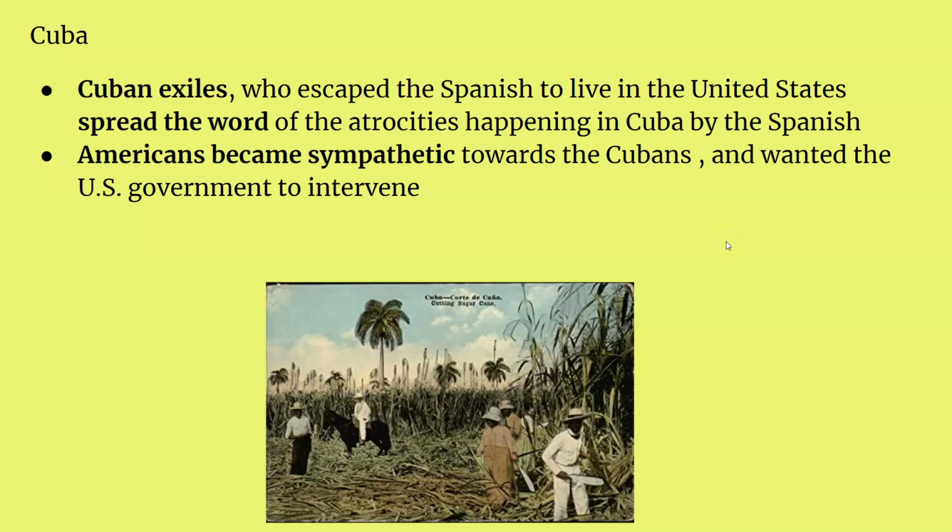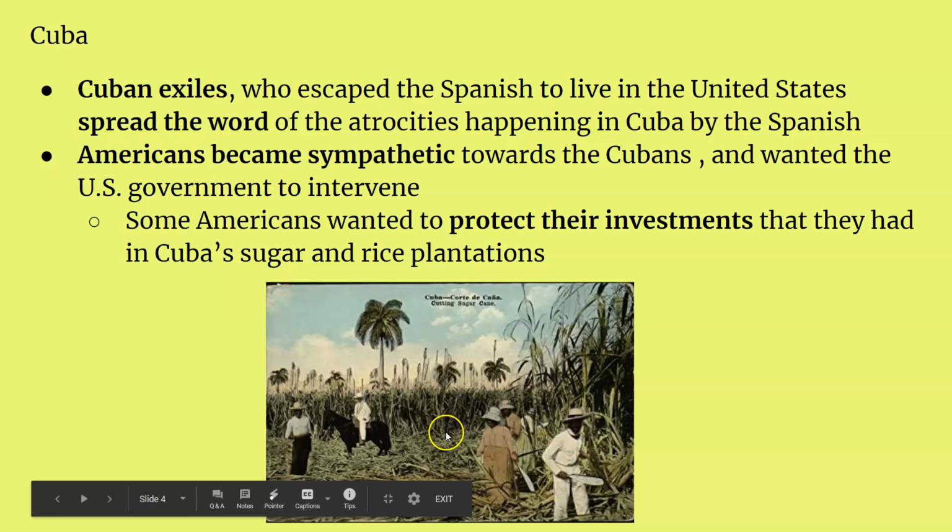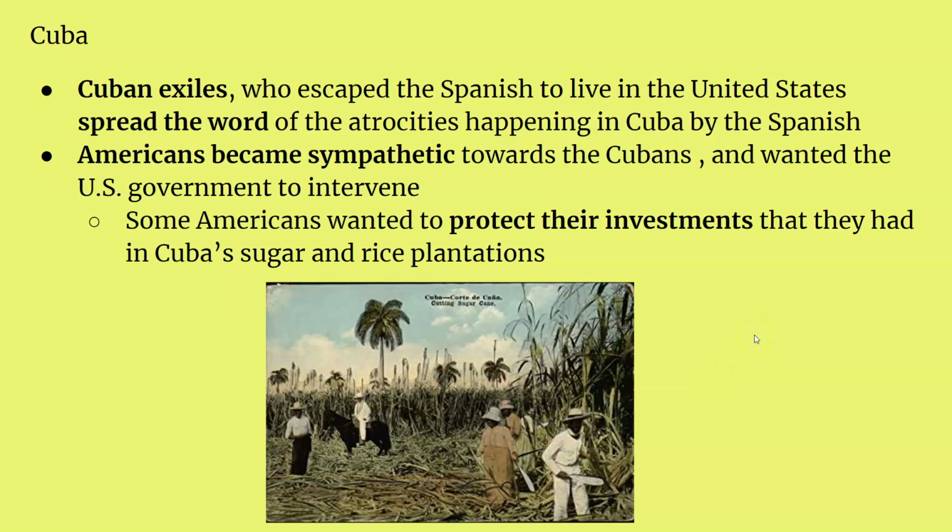They're right there, they're our neighbors, we should help these people, they're dying. And some Americans just wanted to protect their investments in Cuba's sugar and rice plantations. This is a sugar plantation in Cuba, cutting down sugar cane. A lot of money to be made there, and Americans wanted to protect their investment in that farming.